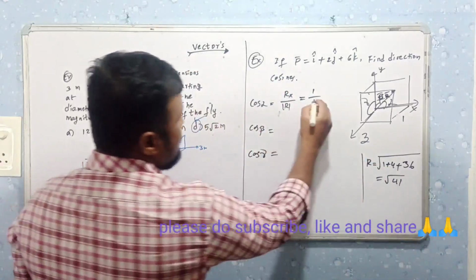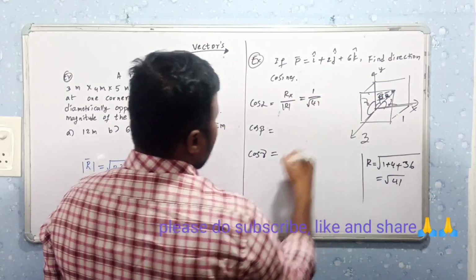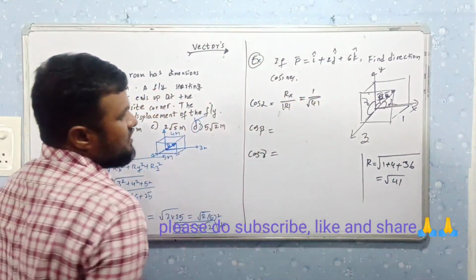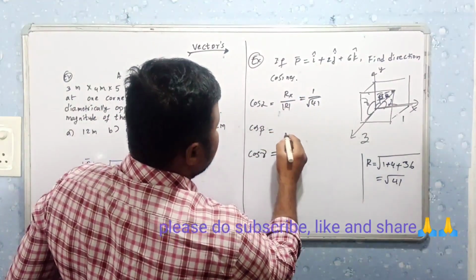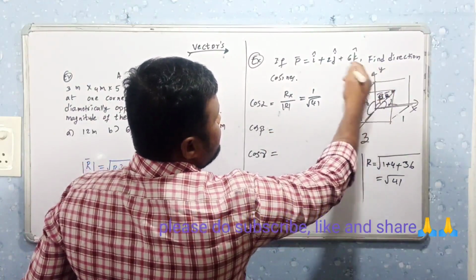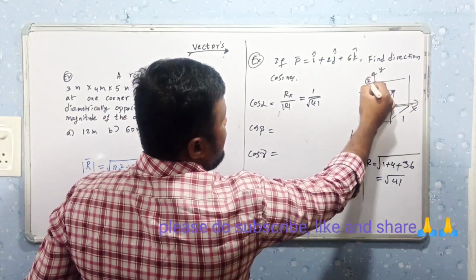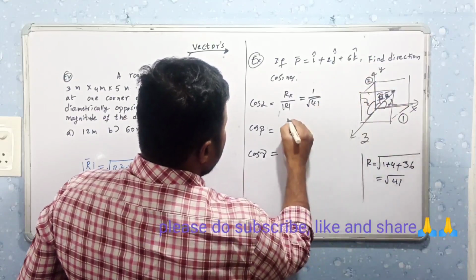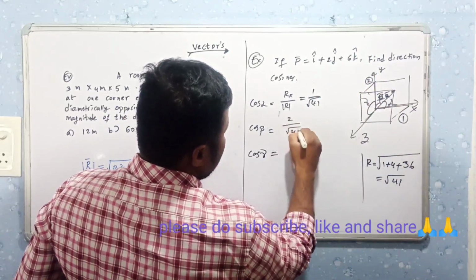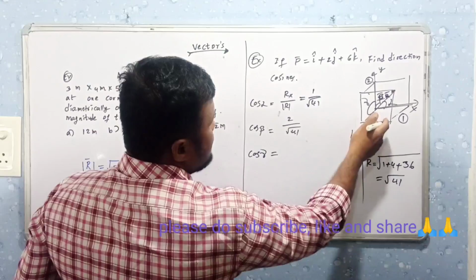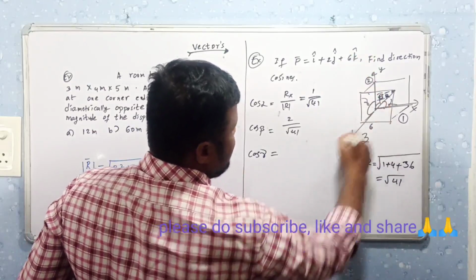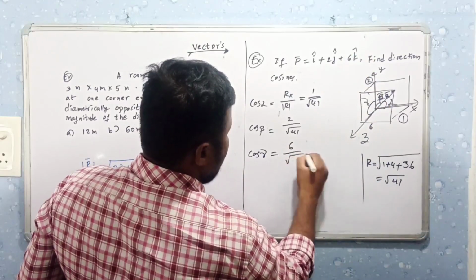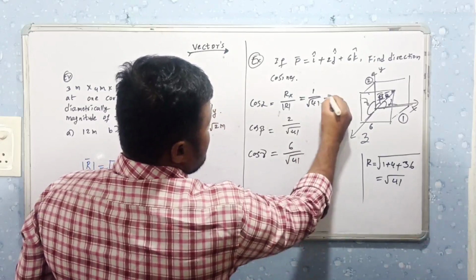So cos alpha is equal to 1 by root 41, cos beta is 2 along y-axis, 2 divided by root 41, and cos gamma is 6 along z-axis, 6 divided by root 41. So these are the answers.